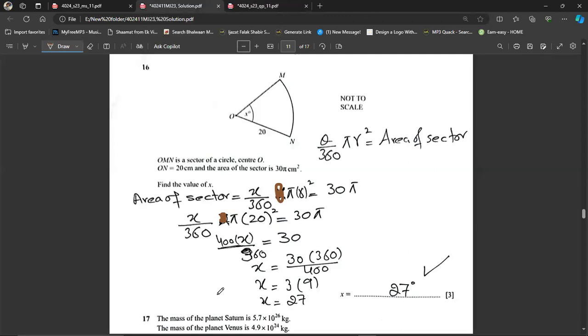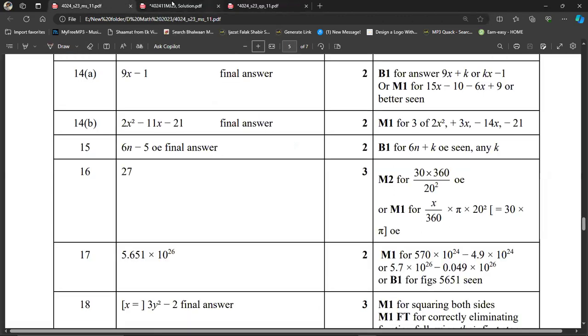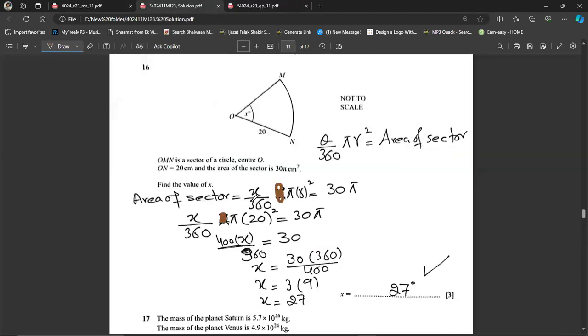Pi is gone. So x will be equal to 30 multiplied by 360 divided by 400. So that's 3 multiplied by 9, that's 27. So that angle is 27 degrees. I hope you understand. The area of the sector is theta by 360 pi r squared, and that area is already given here, 30 pi.